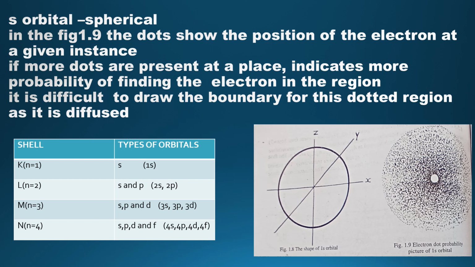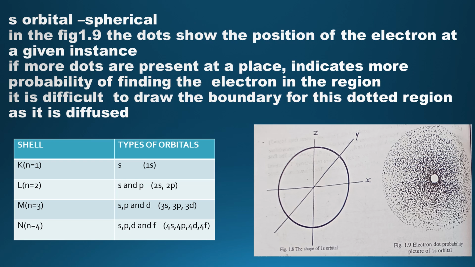Since the electron is continuously revolving around the nucleus, it is represented by dots depending on the probability of finding the electron at a particular time. If more dots are present at a place, it indicates more probability of finding the electron in that region. It should be noted that it is difficult to draw the boundary for this dotted region as it is diffused.